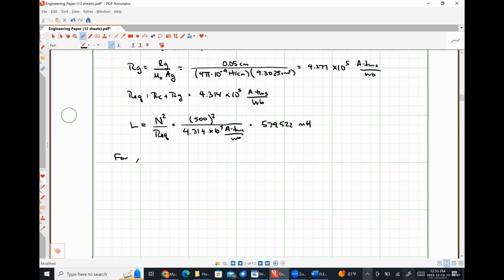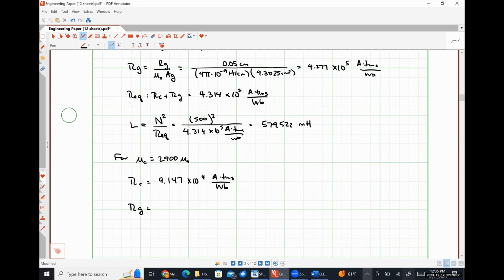So for mu C equal to 2900 mu naught, we find that RC, I'm going to skip the equations because it's literally the exact same equation, we wind up getting 9.147 times 10 to the 4 amp turns per Weber.